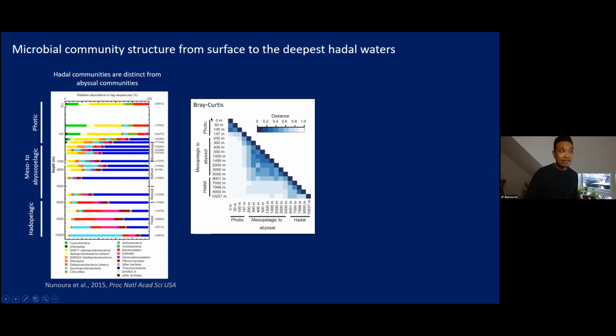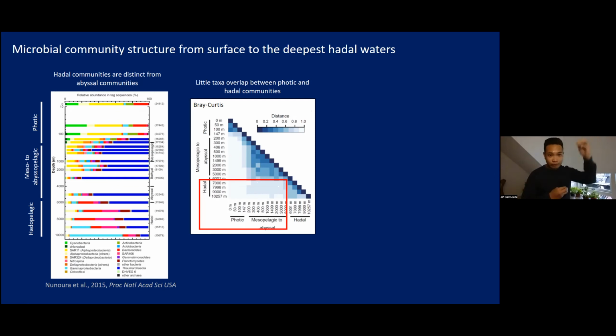When they compare, for example, the photic zone microbial communities to the hadal, there's hardly any similarity, so the distance is large. And when you compare hadal microbial communities to the mesopelagic, there is a little bit more similarity, hence you're getting some more of that color. So essentially it's saying that there's quite a bit of turnover as we go from shallower water column to the deeper parts of the water column.